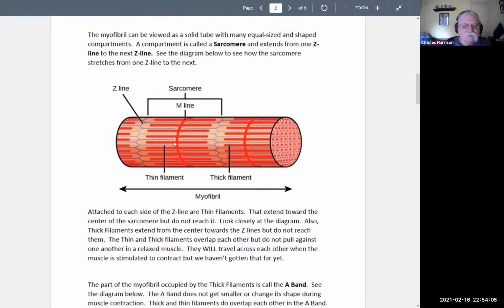Now, if you're thinking two-dimensionally, you're shortchanging yourself. You got to think three-dimensionally.